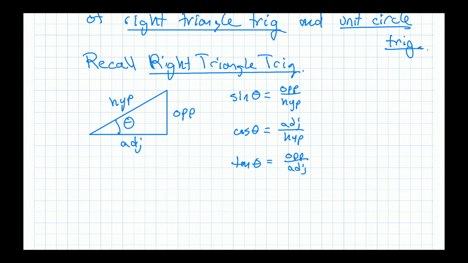And then the 3 others: cosecant theta is 1 over the sine, so it's an upside down sine, hypotenuse over opposite. Secant theta is 1 over the cosine, so it's hypotenuse over adjacent. And cotangent theta is 1 over the tangent, so it's adjacent over opposite.